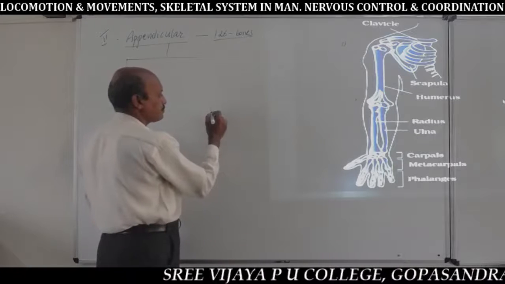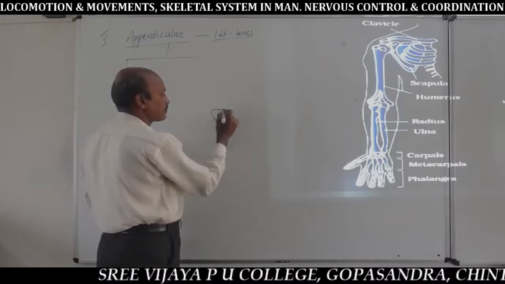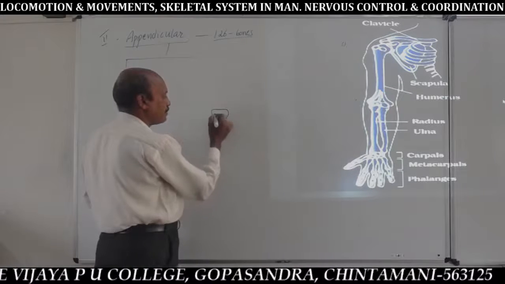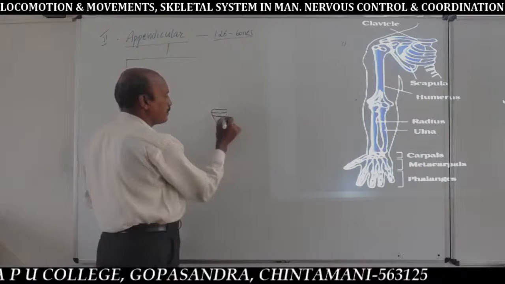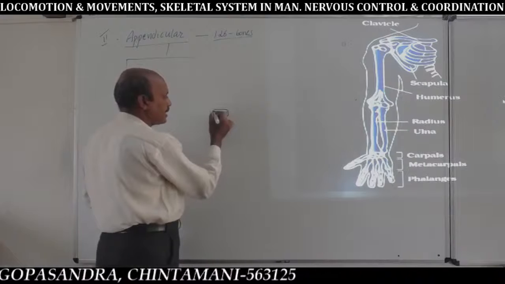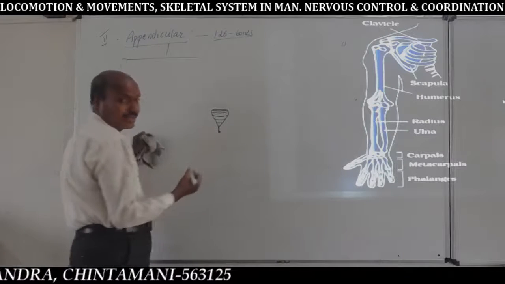See, this is one triangle shaped bone present at the center of the pelvic girdle.